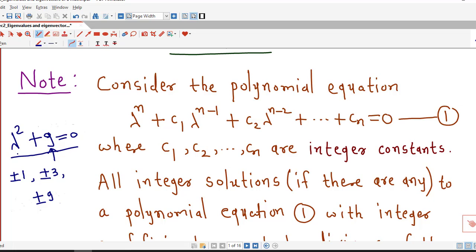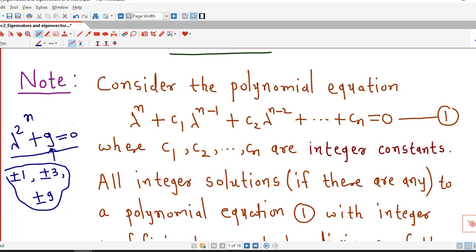So if there is any integer value of lambda that satisfies this equation, then it must be from these 6 values. If these values do not satisfy this equation, it means that this equation has no integer solution. So we can check by putting these values in this equation, and we will find that none of these 6 values satisfies this equation.